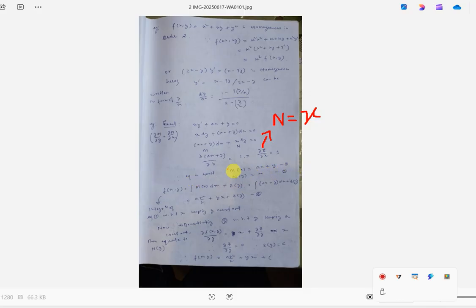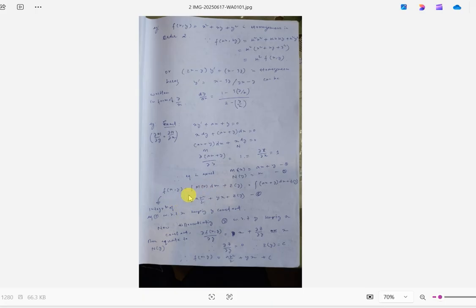So both of these partial derivatives are equal. So this equation is exact. From this we can see that this equation will be exact. Now the function can be written as the integration of m with respect to x, plus z of y. So integration of equation 1, because we know m is equal to ax plus y.